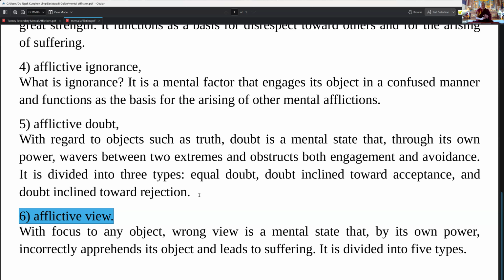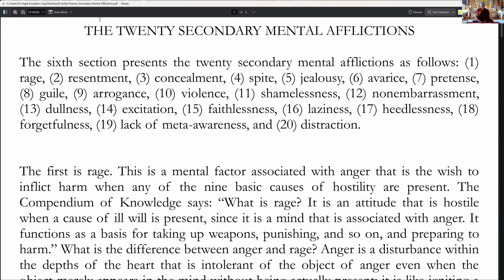Okay. All is clear, right? Now, we should talk about all the 20 secondary mental afflictions. Those 20 secondary mental afflictions arise from the six root mental afflictions, and within the six root mental afflictions, the main three are attachment, anger, and what we call ignorance, right?